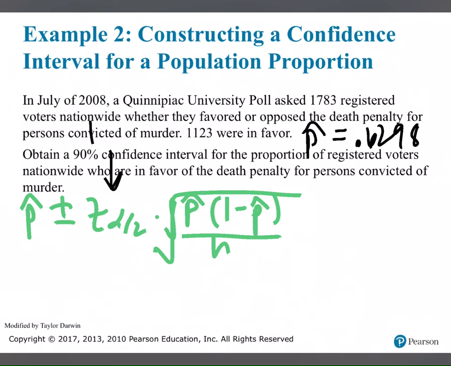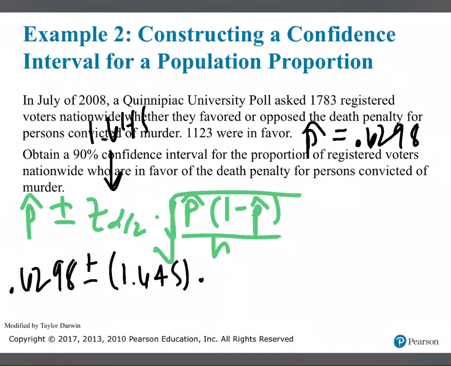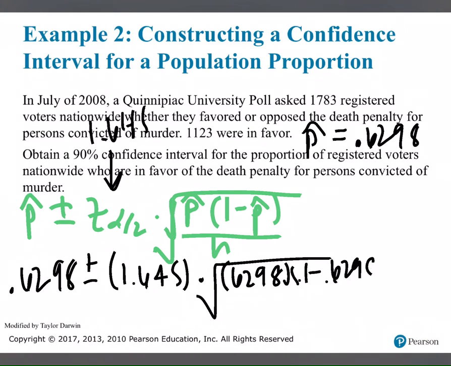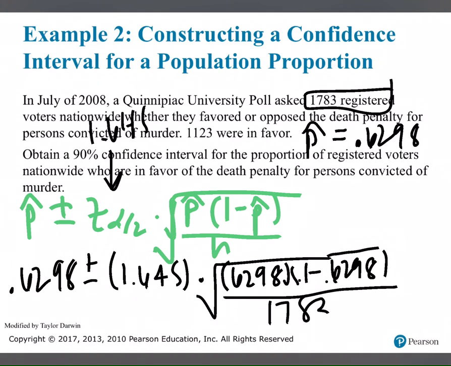And we said that was 1.645. So now we're just plugging in. 0.6298 plus or minus, that z of alpha divided by 2 was 1.645 times the square root of 0.6298 times 1 minus 0.6298, all divided by n, which was the total amount of people that we asked.